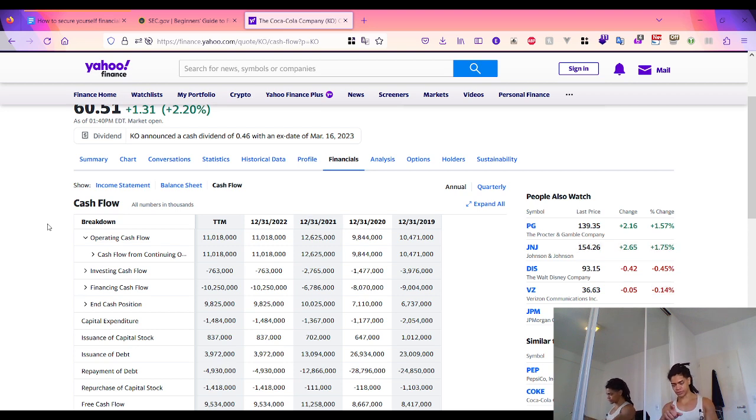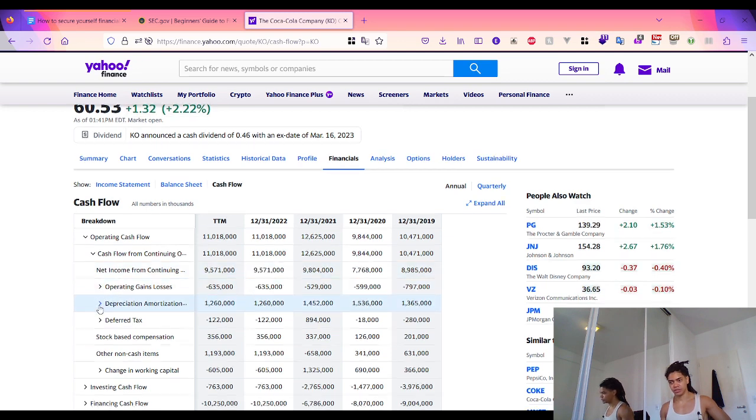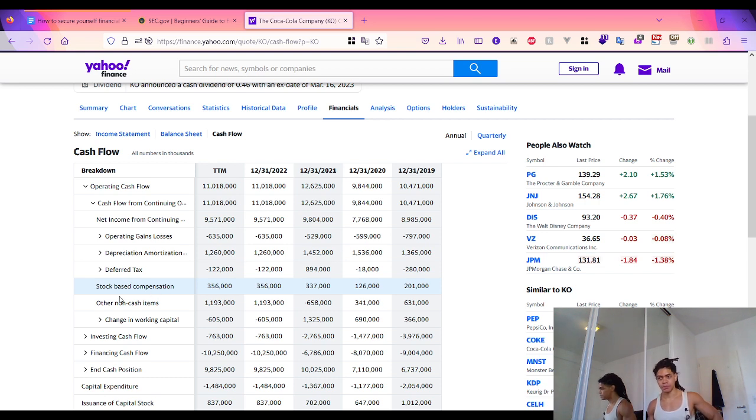To do this, it adjusts the net income for any non-cash items that affect the income statement but don't involve any cash transaction, such as depreciation and amortization, stock-based compensation.